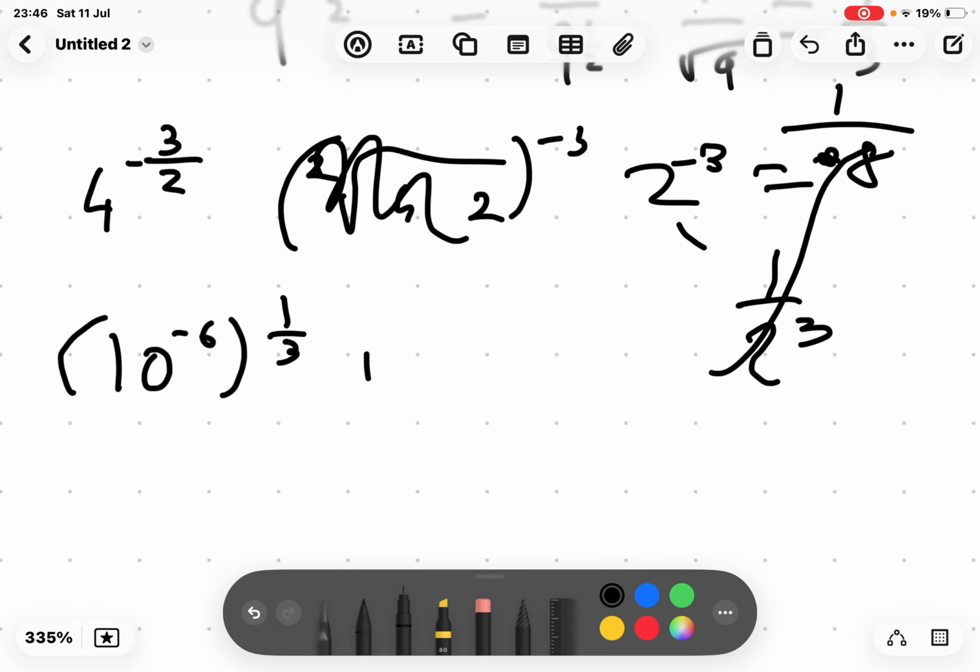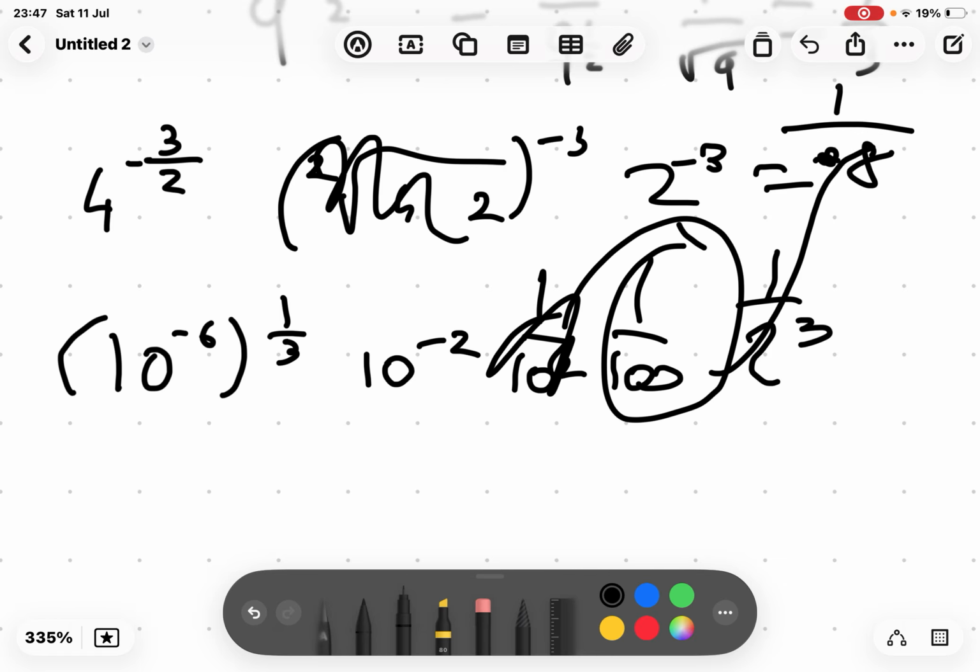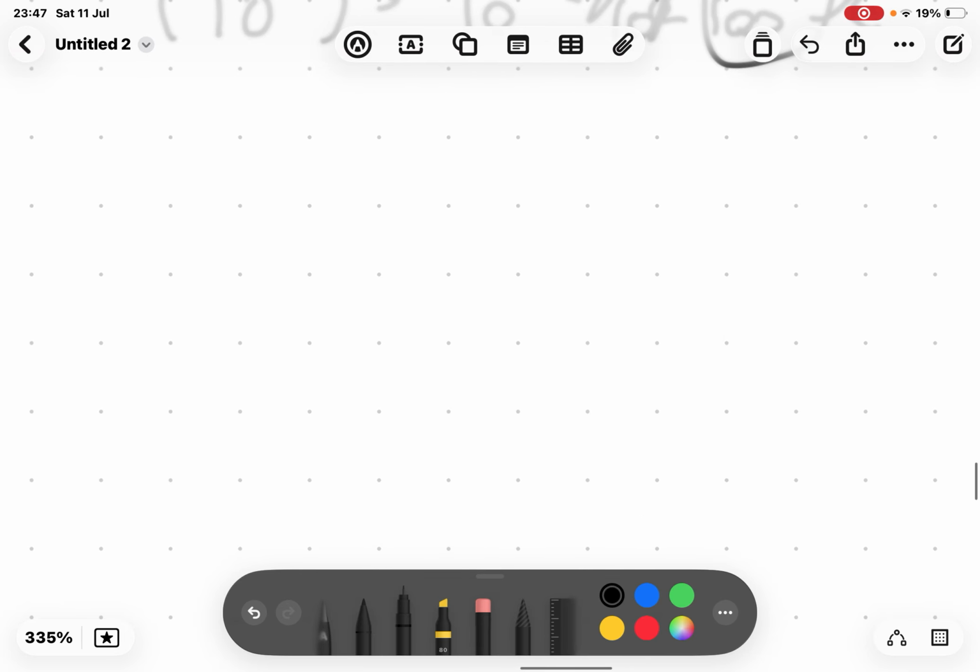So basically 10 to the power minus 2, and there is this, and there is this. Okay, so this one is actually pretty hard.